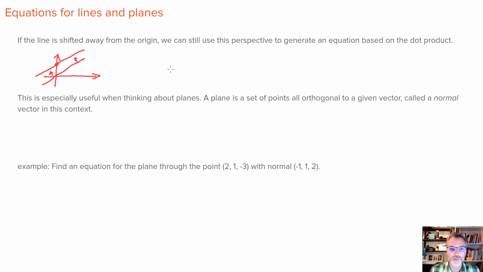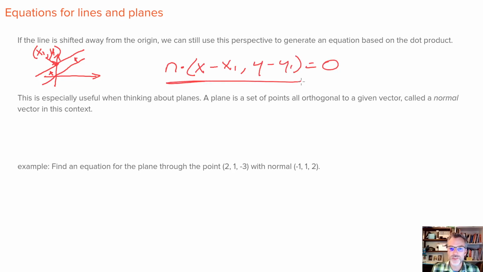If that happens, all we need to do to describe it in terms of a dot product is look at how much it's been shifted. So if this is a new point that it goes through that I'll call x1, y1, then I could just do this here. And what this is saying is really these negatives.